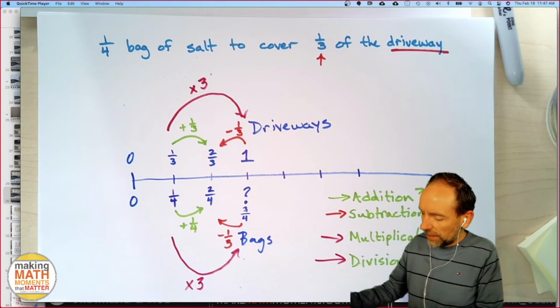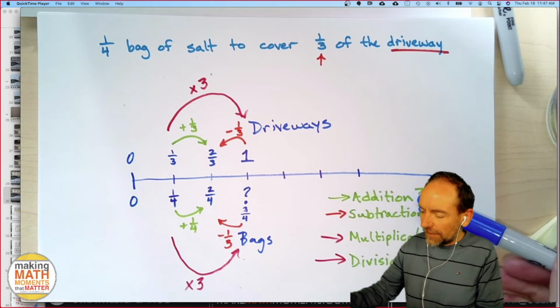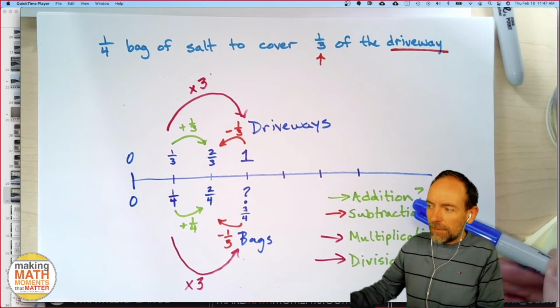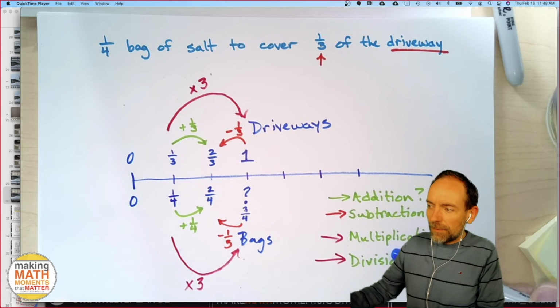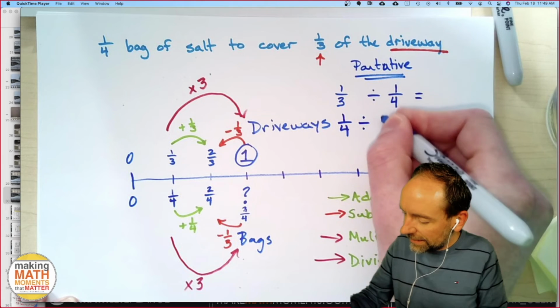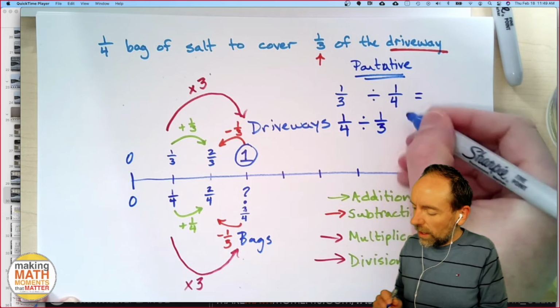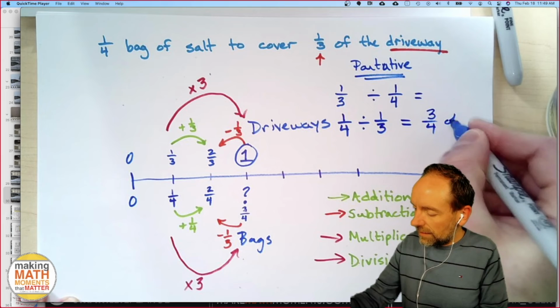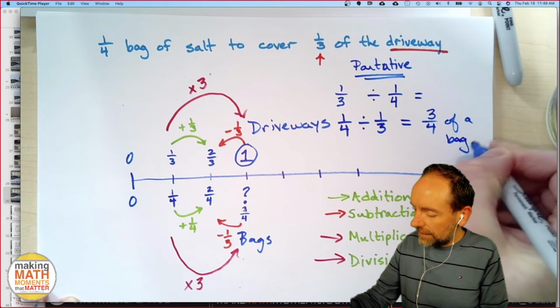Because as you probably know, when I add something repeatedly, we call that multiplication. When I repeatedly subtract, we call that division sometimes, right? Depending on the context. I said I had 1/4 a bag and 1/3 of the driveway. And what I end up with is 3/4 of a bag.